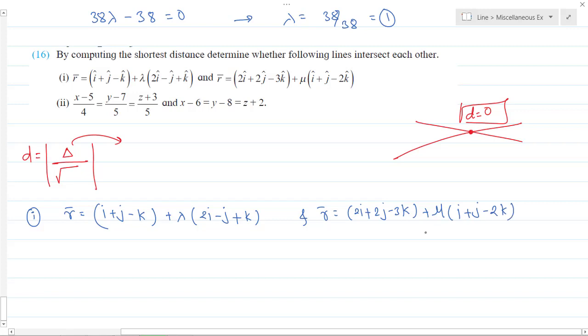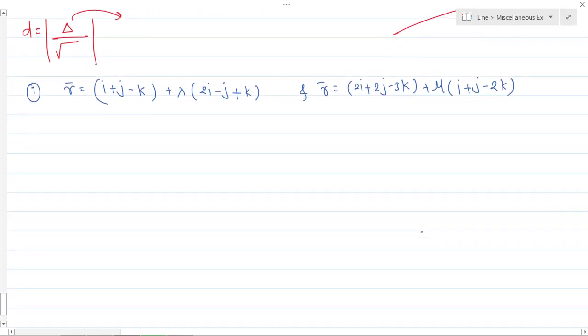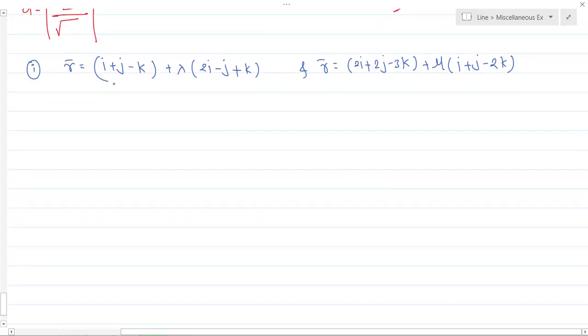Now if I compare this vector equation with the standard equation, what will I get? This is x1, y1, z1, the point through which our line is passing, x2, y2, z2, and these are the direction ratios of the first line. So this becomes l1, m1, n1, or you can write a1, b1, c1. And l2, m2, n2, you can write a2, b2, c2.